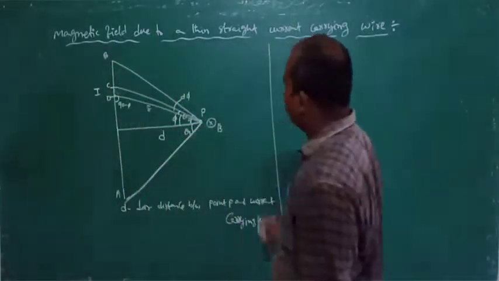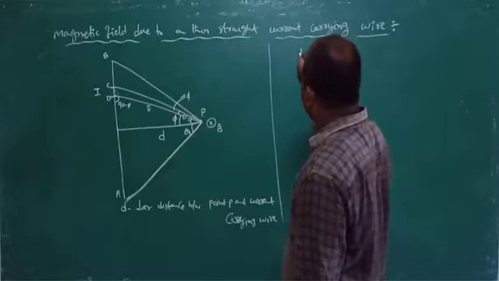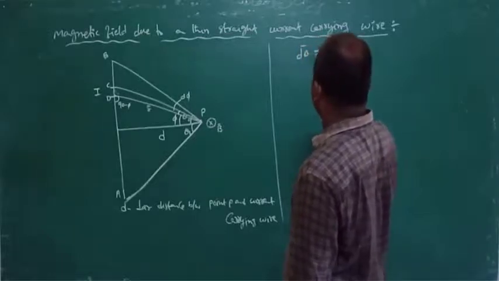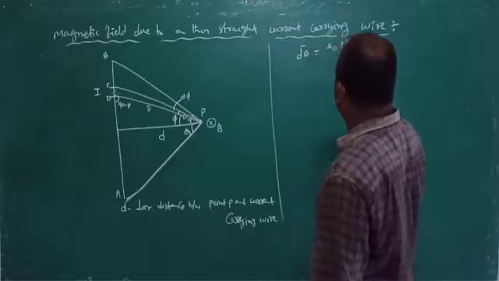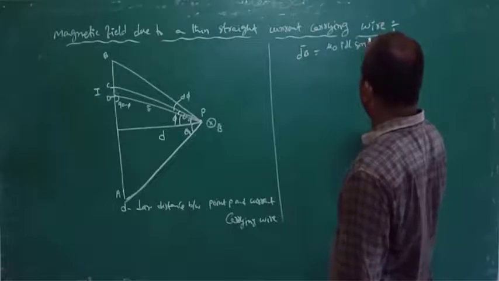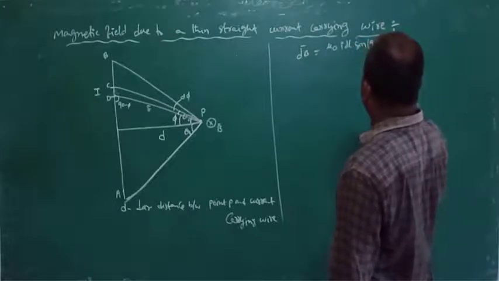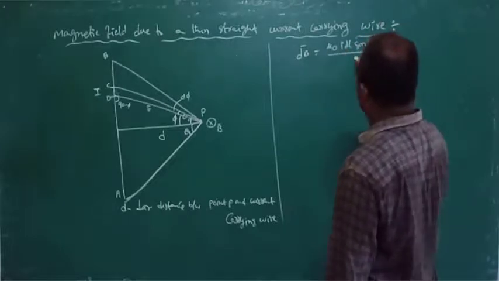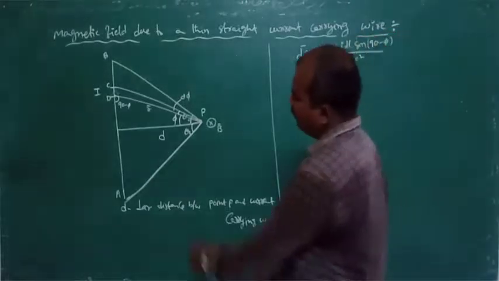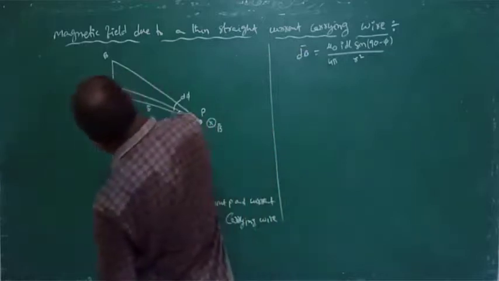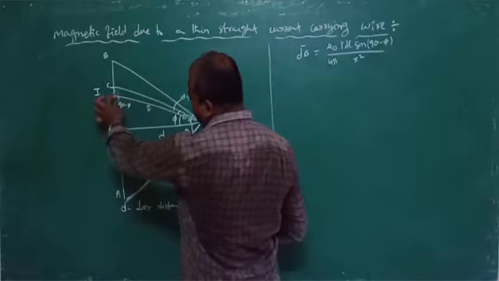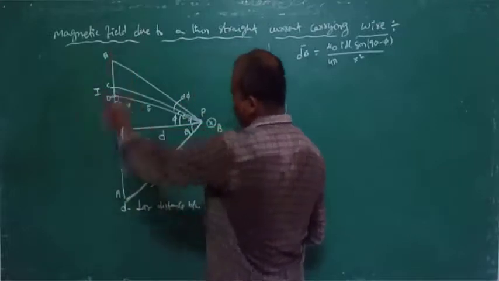According to Biot-Savart's law, the magnetic field due to this small element dB is equal to μ0 I dl sin(90 minus φ) by 4π r squared. Why? Because the current in the wire and the radius vector are making an angle of 90 minus φ.